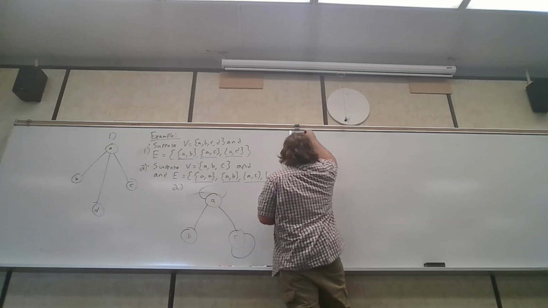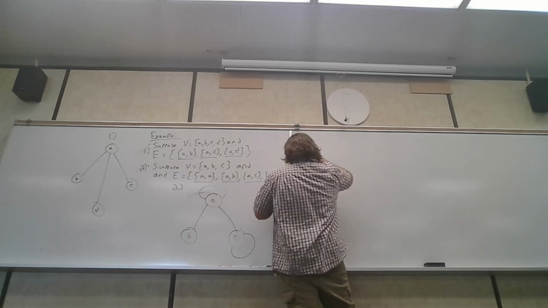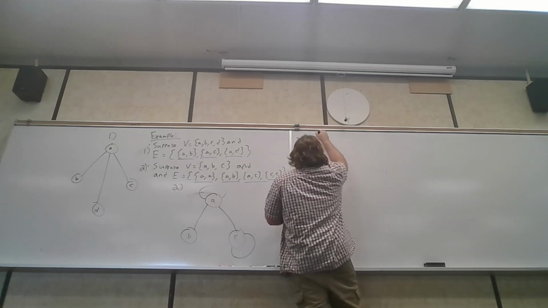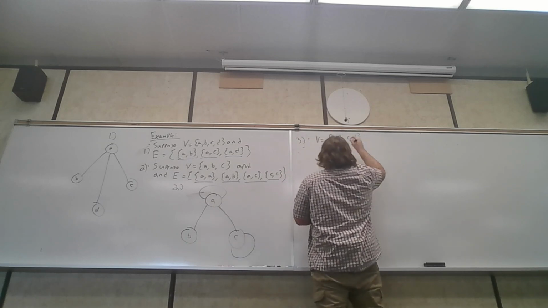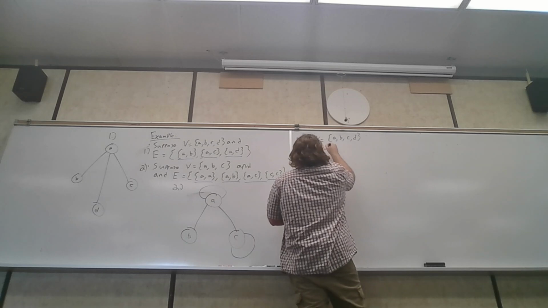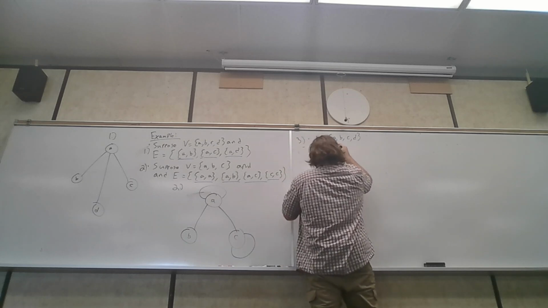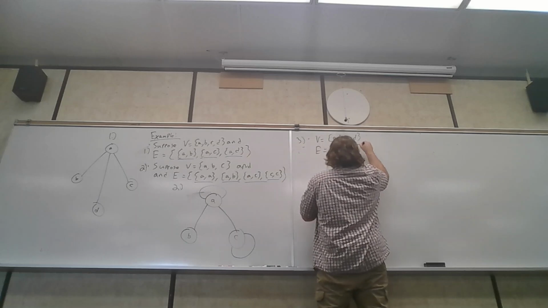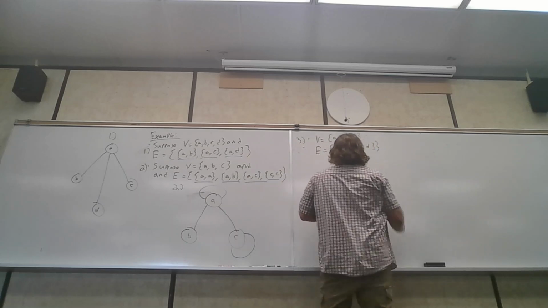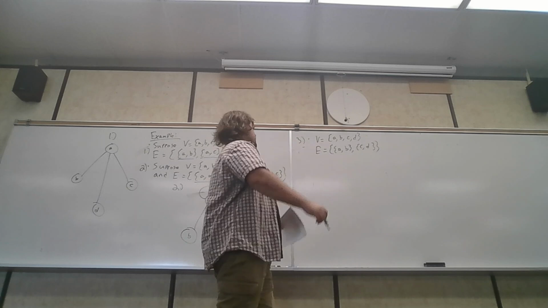And one more, called graph number 3. B is going to be A, B, C, D, and the set of edges is going to be just A, B, C, D. Okay, so what does this look like?